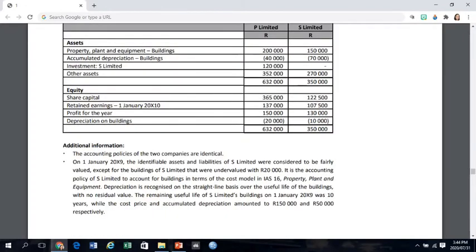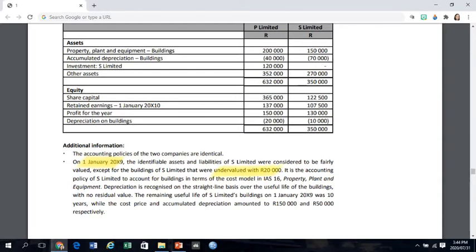On 1 January 20X9, being the acquisition date, the identifiable assets and liabilities of S were considered to be fairly valued, except, remember, the moment you see that word except, you know you are in chapter 7, you are busy with IFRS 3 business combination valuation adjustment journals at acquisition date. The buildings of S were undervalued with 20,000 Rand at acquisition date.